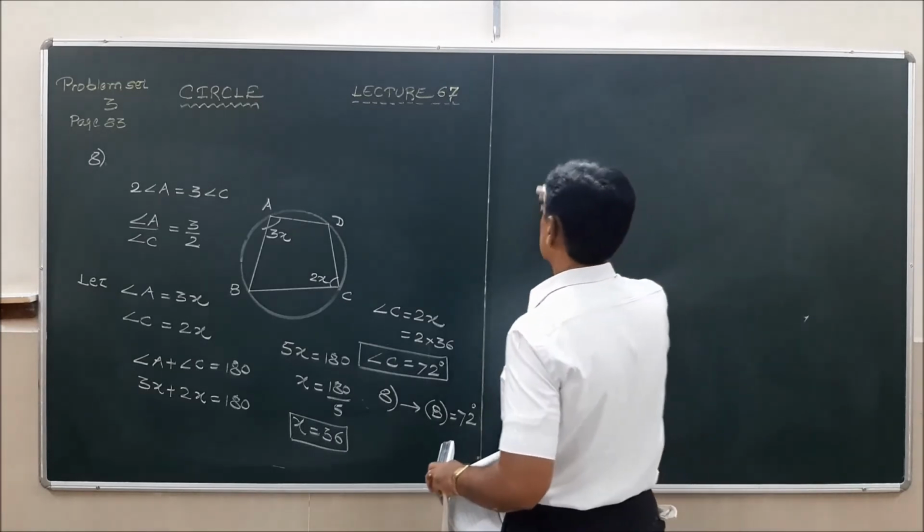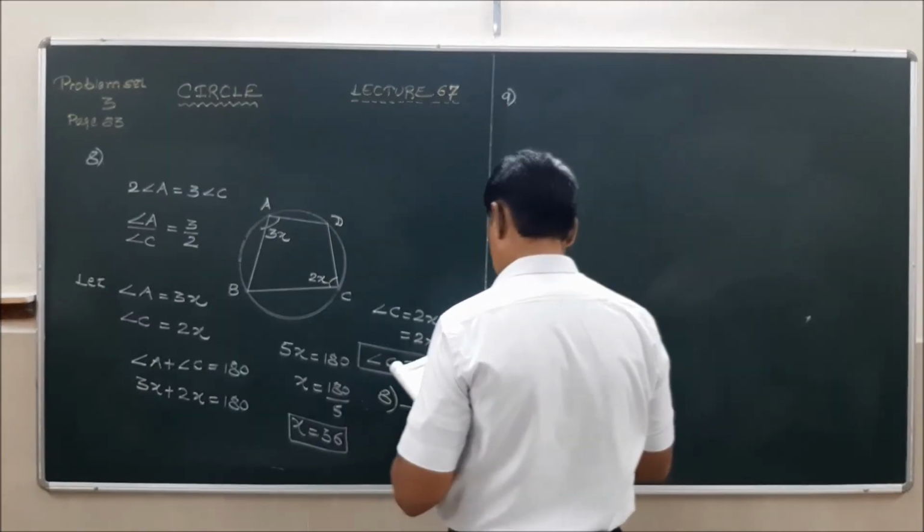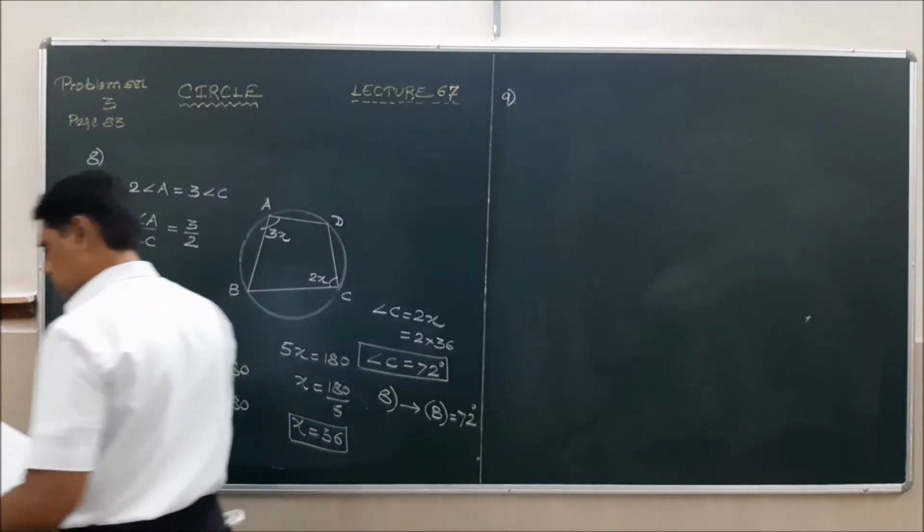Now the 9th question that I am seeing. Points A, B, C are on the circle. Okay, fine. You have to draw a circle.